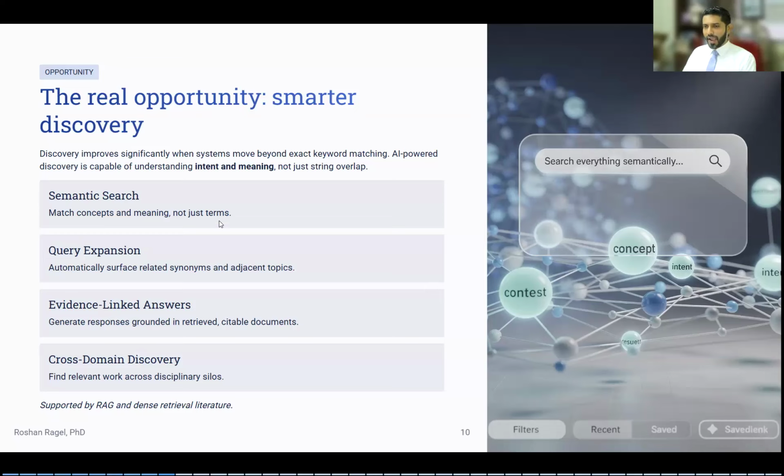And we can expand it to query expansion and to connecting links. Obviously, the results coming from a library setup are not like those of a generative AI tool. It has to go beyond that, meaning it has to provide evidence, it has to provide links, and it has to enable cross-domain discoveries. All that has to happen.